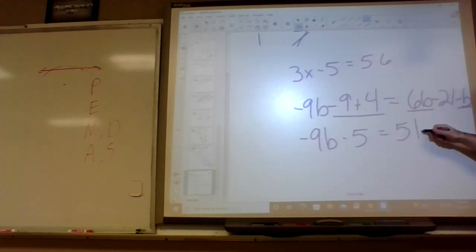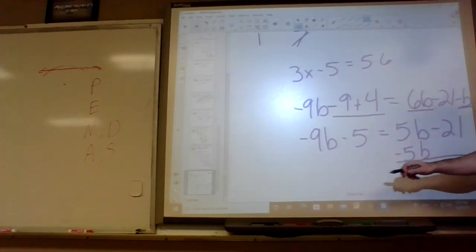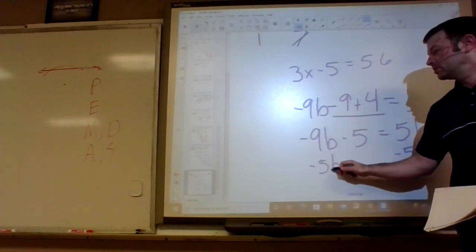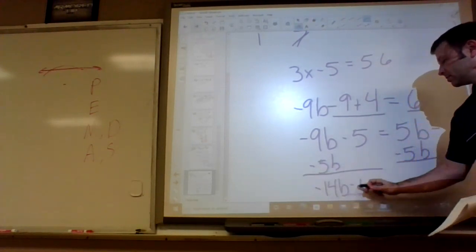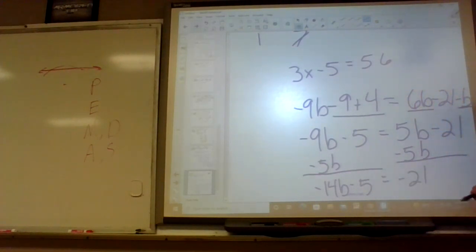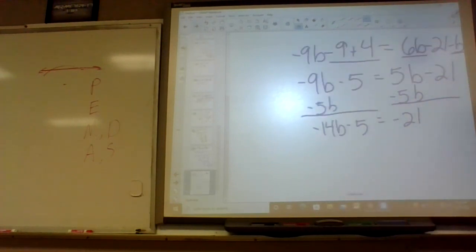And then you subtract 5b. You've got b's on both sides, so get rid of the b's on one of the sides by subtracting. And then it's in normal territory, although the answer is kind of weird.